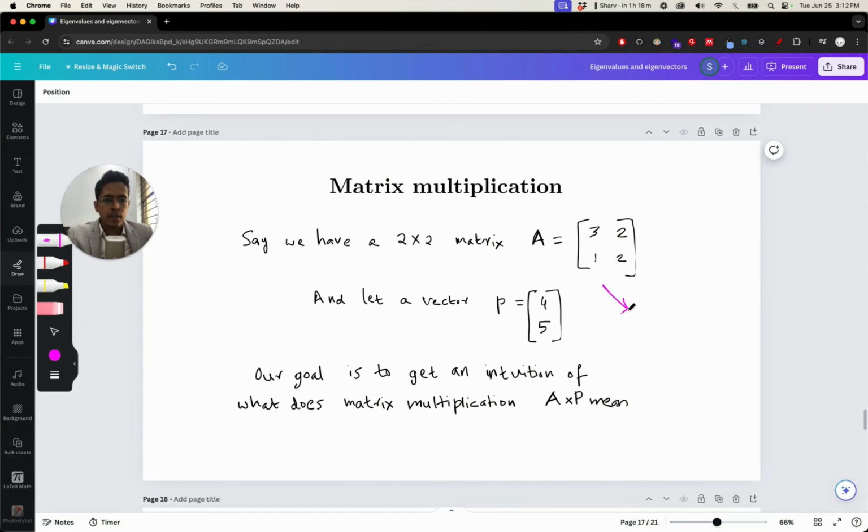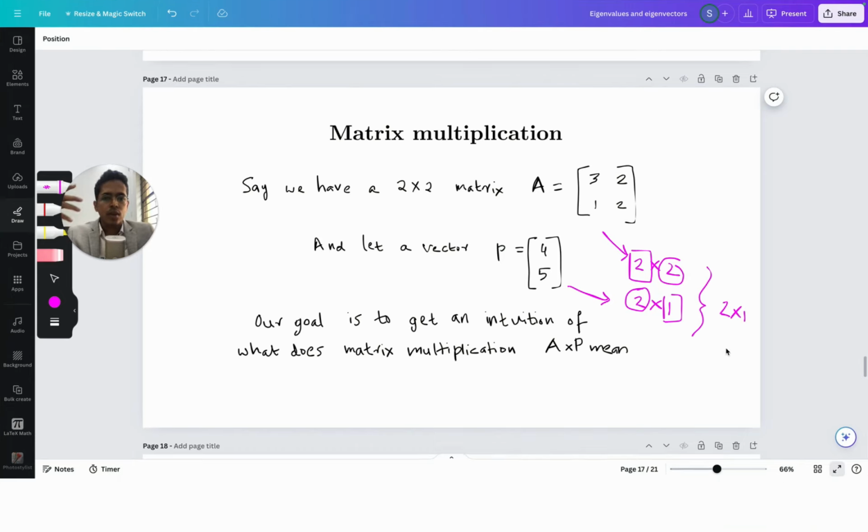This is 2 by 2 and this is 2 by 1. So the size of the column of this is the same as the size of the row of this. So the result would be this 2 by 1, the result of the matrix multiplication of these two.